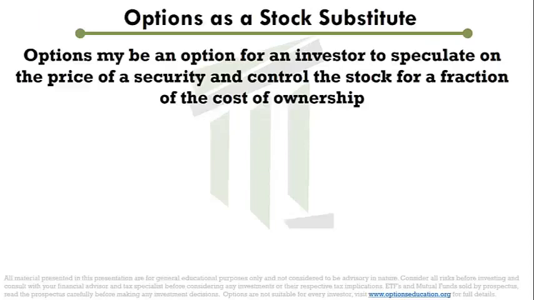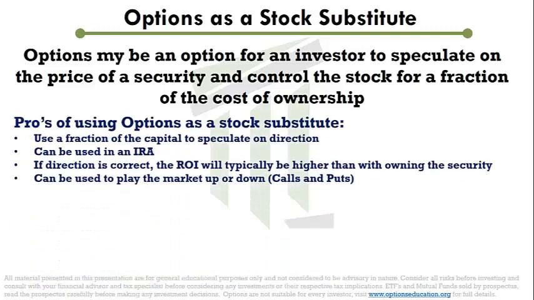Options may be an option for an investor to speculate on the price of a security and control the stock for a fraction of the cost of ownership. Some of the benefits are the fractional use of capital to speculate on direction. It allows somebody to speculate on the direction without taking as large of a position, thus reducing the overall exposure.